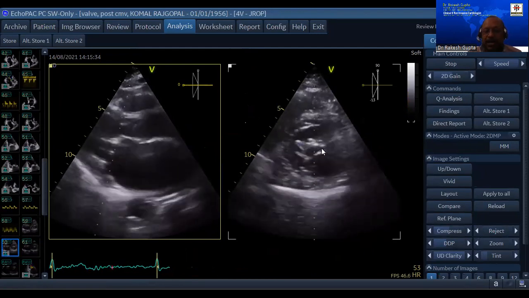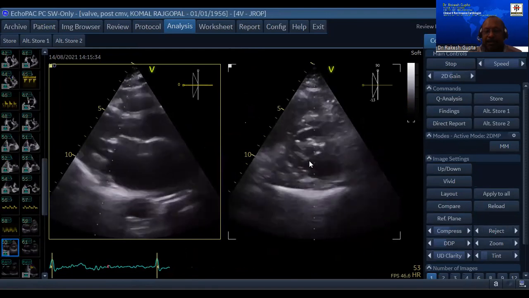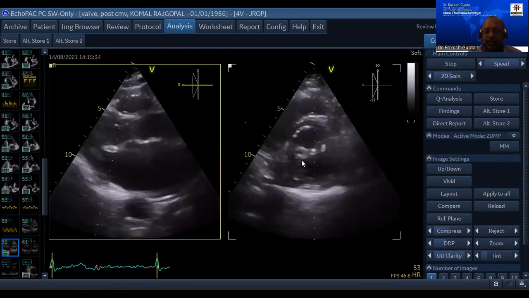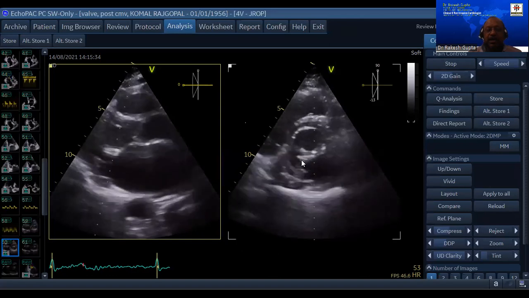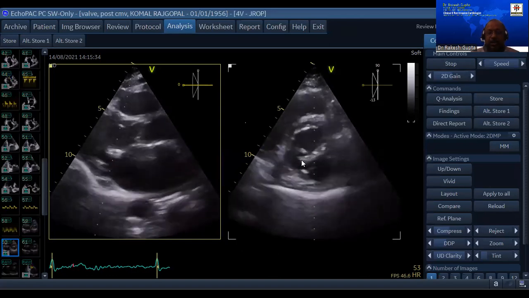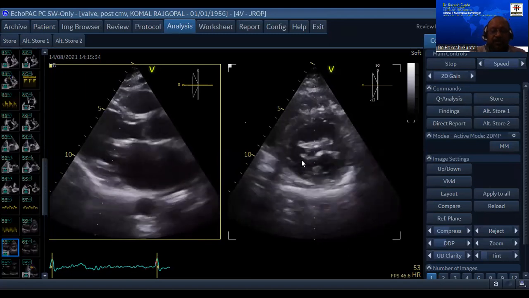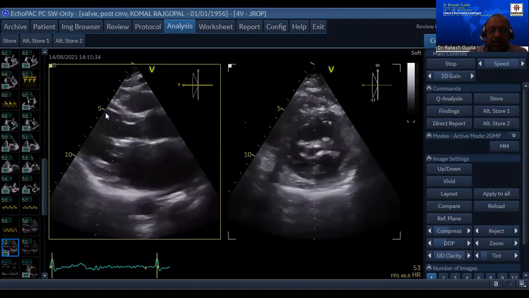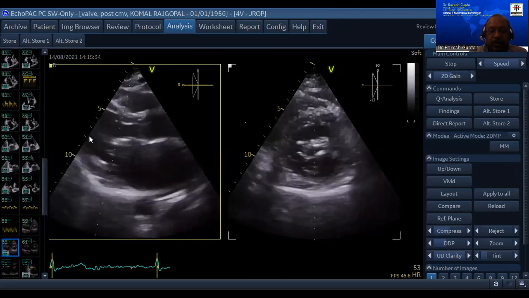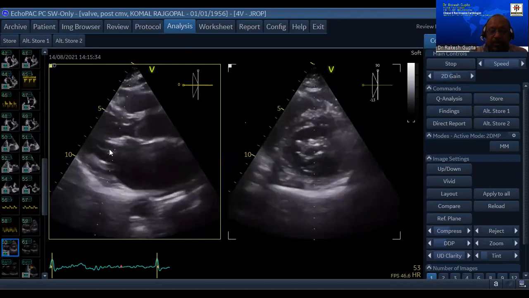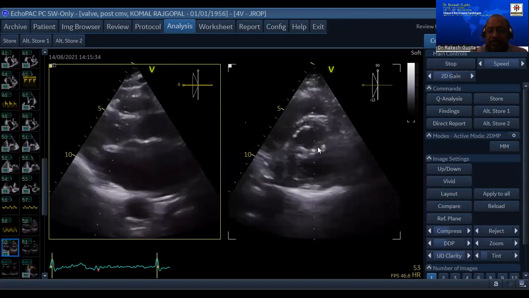I can see both my AML, my PML, the lateral commissure, and the medial commissure also. This you have to do by going from the parasternal short axis view and then coming back to the tip of the mitral valve leaflets. Here are the papillary muscles. So once you come in short axis view from the papillary muscle to the mitral valve leaflets, first you will come across the tips, and there the tips are.